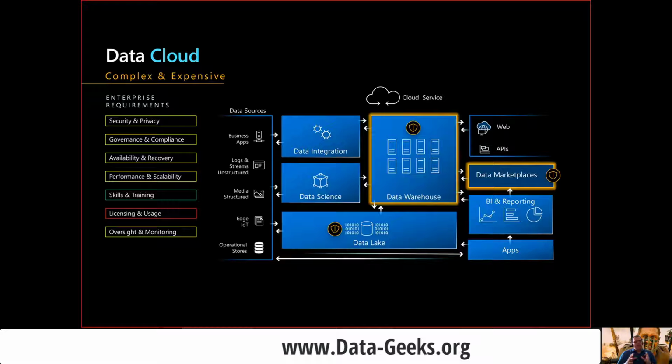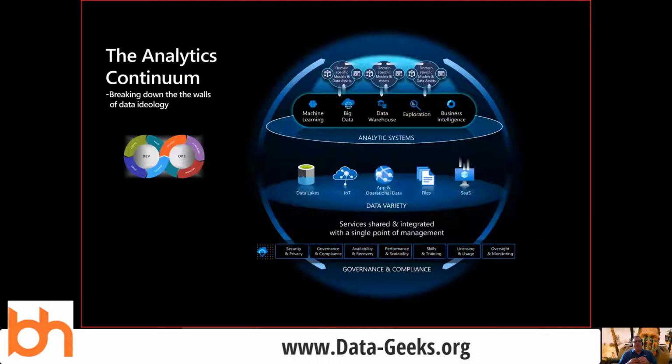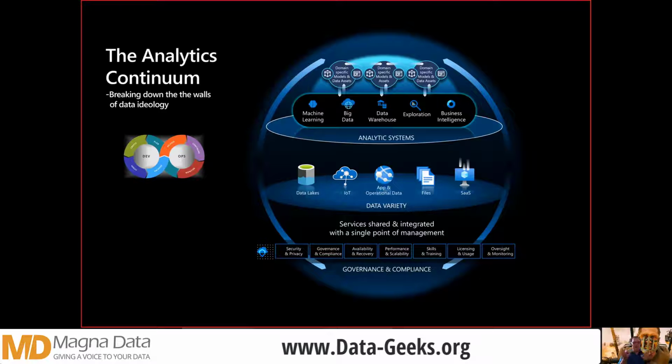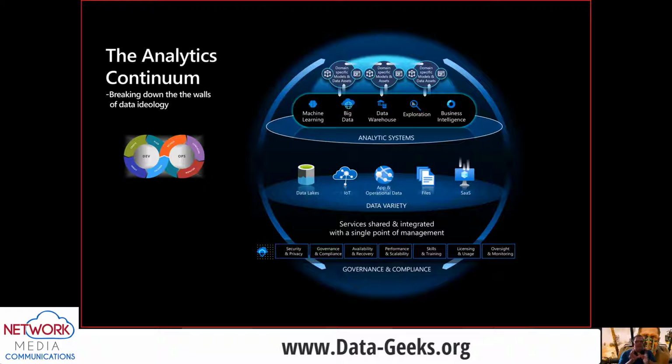Right. So that ends the section around the different burdens around data architecture, and I want to round it off with what we call the analytics continuum. This is how we break down the walls of the data ideology by recognizing that your data is not either a fixed architecture or set in a specific technology.